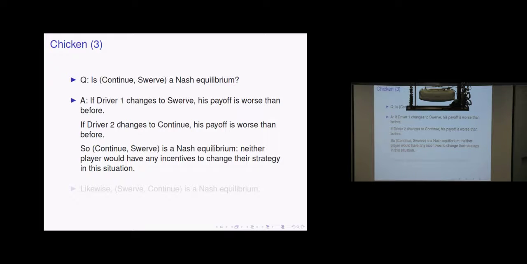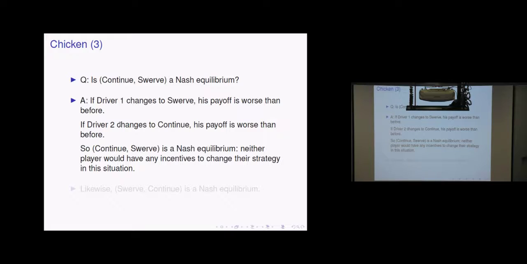If player 2 changes from swerve to continue, his payoff is worse because he will get negative infinity. So this profile, continue swerve, is a Nash equilibrium, because neither player would have any incentive to change the situation.